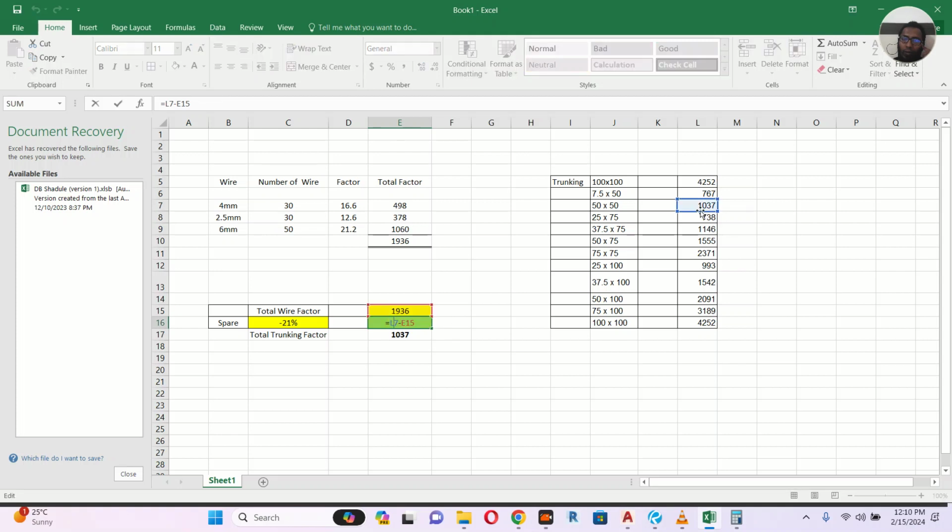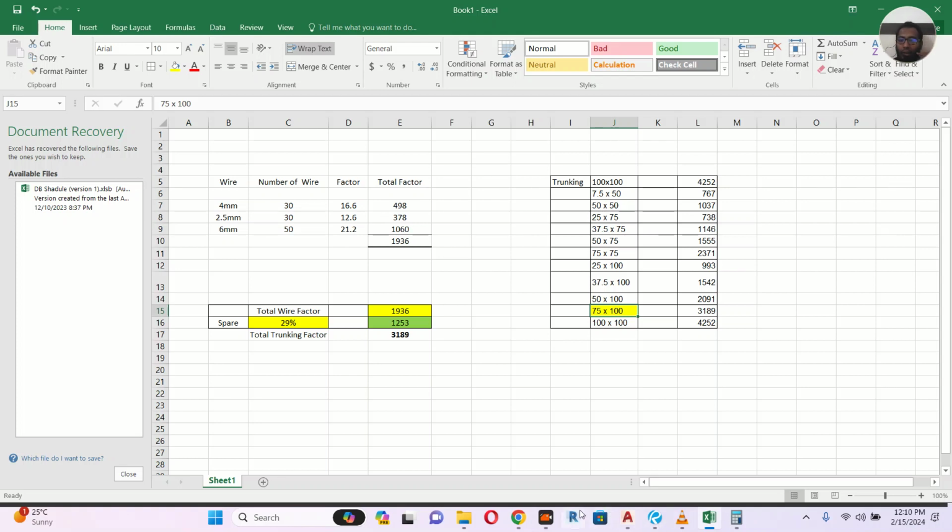So let's go for 75 by 100. Yeah, so I can go with the 75 by 100. This is how we calculate the trunking, what size of trunking I have to use, how to select the trunking, and how to check the filling factor.